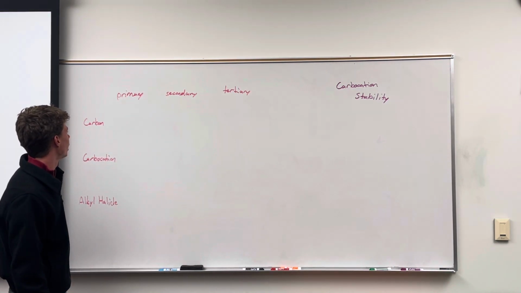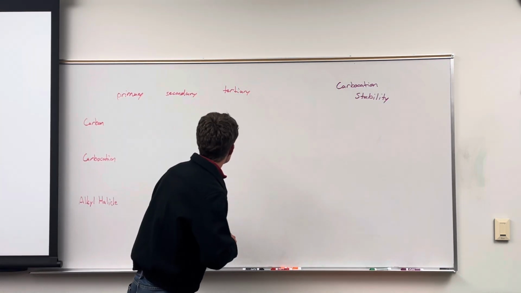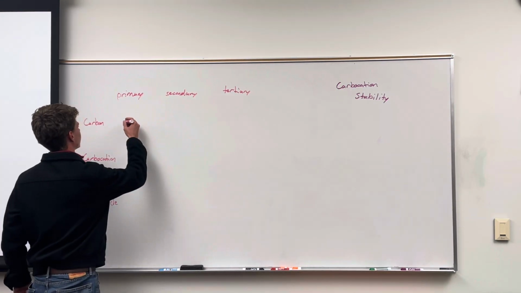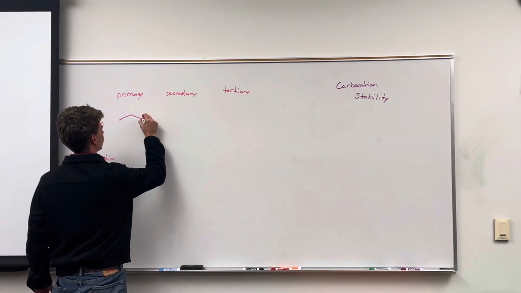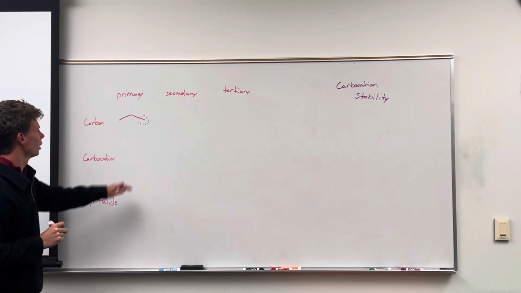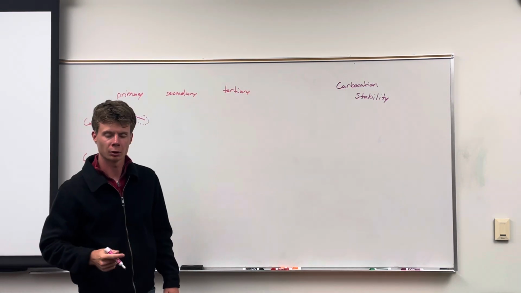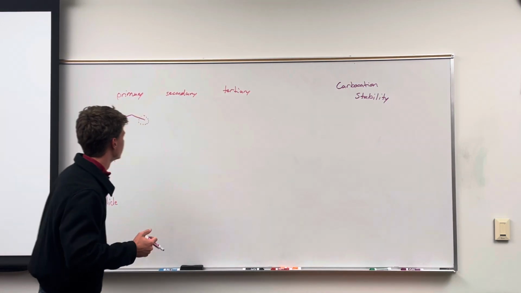Okay, first of all, we have what's called a primary carbon. I'm going to circle this carbon here on the end. This primary carbon, primary meaning one, is only bonded to one other carbon.